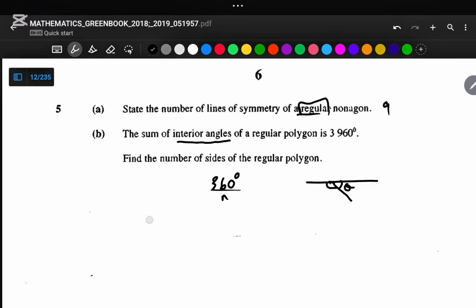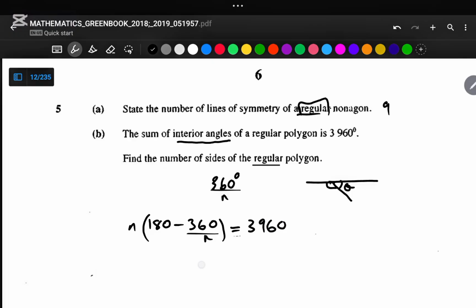So each interior angle is 180 minus 360 over n. That is the value of each interior angle. And we are having a regular polygon. So if you're having a regular polygon, this simply means that each interior angle is equal. So we then multiply by the number of sides, and this is equal to 3960.